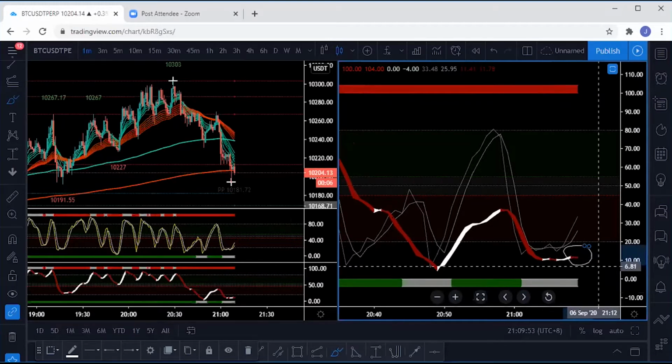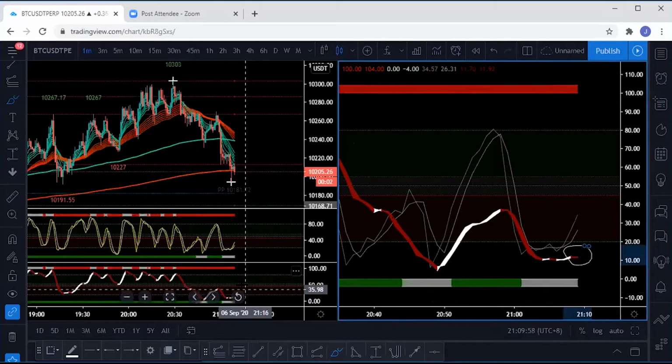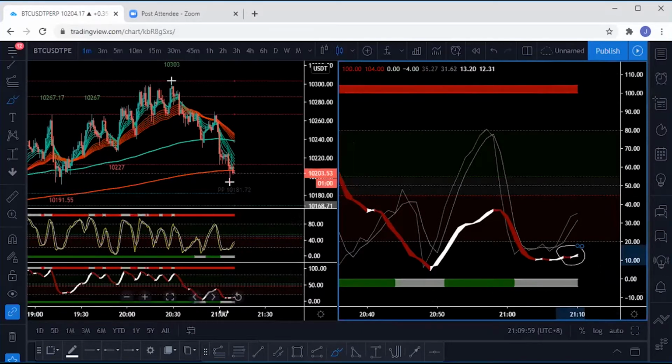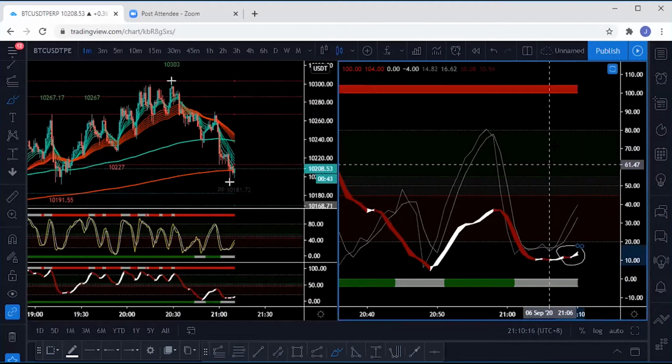So this is a no trade area, because as you can see in our 1 minute time frame, the gray line appears. All you have to do is wait for the solid green line to enter a trade. In this scenario, this is our 15 minutes.